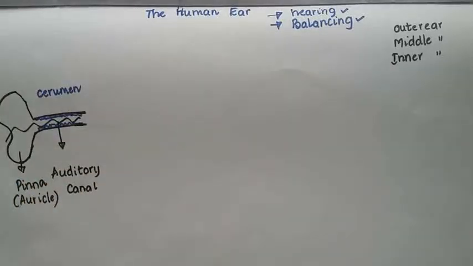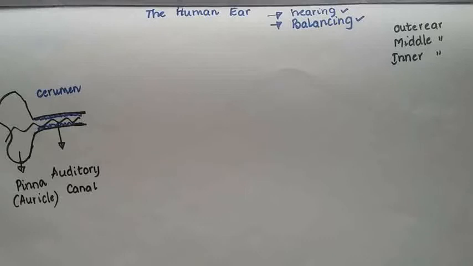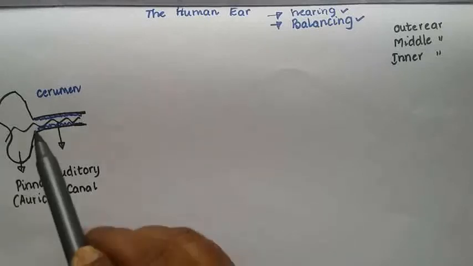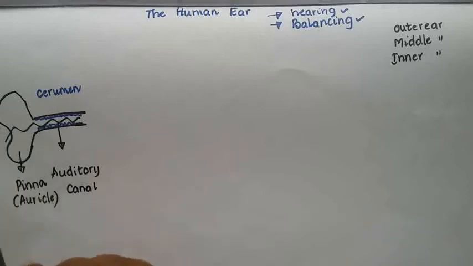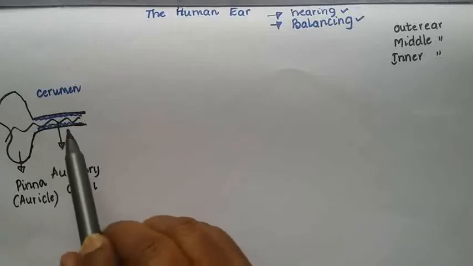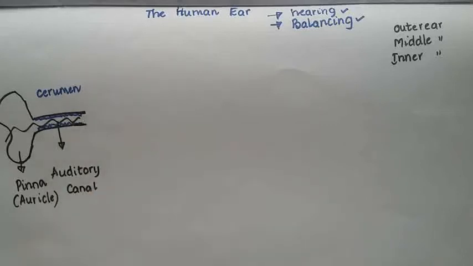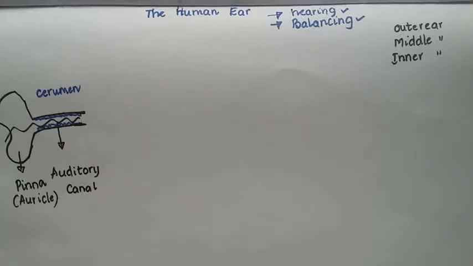So thus you can say that the cerumen is secreted by the ceruminous glands, which are found in the inner lining of the auditory canal, due to which the dust particles or the germs which enter into the auditory canal are trapped by the cerumen, which does not allow the entry of these particles and germs into the other parts of the human ear.